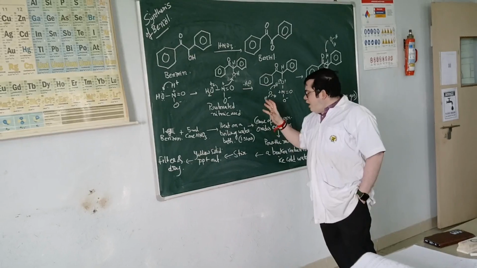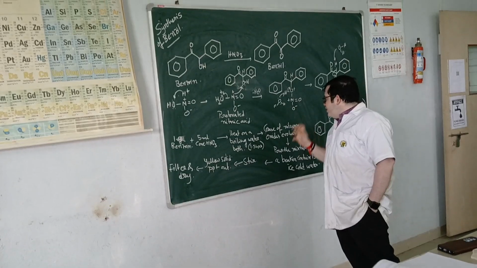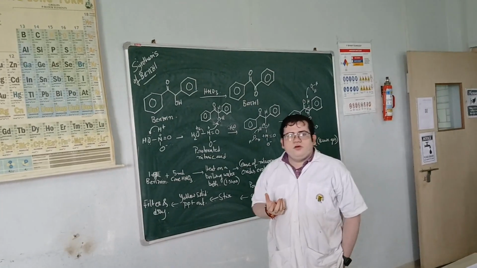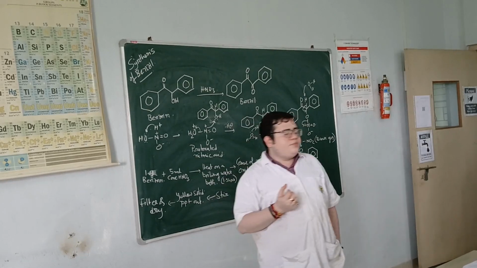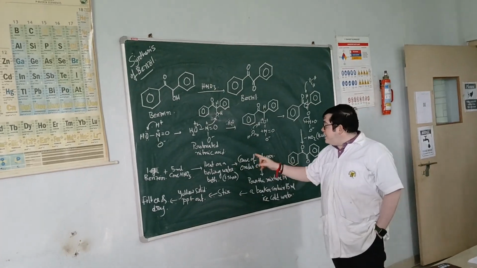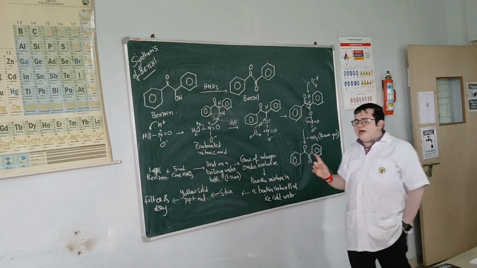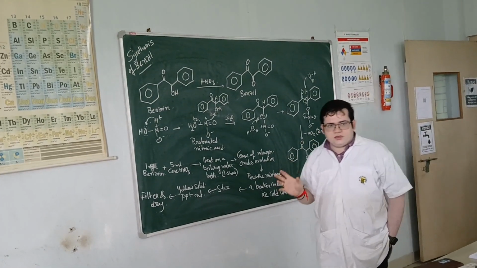And after heating, you will see that there is evolution of oxides of nitrogen. That means some brown gases are evolving. Now the ceasing of this nitrogen oxide will indicate the completion of the reaction.